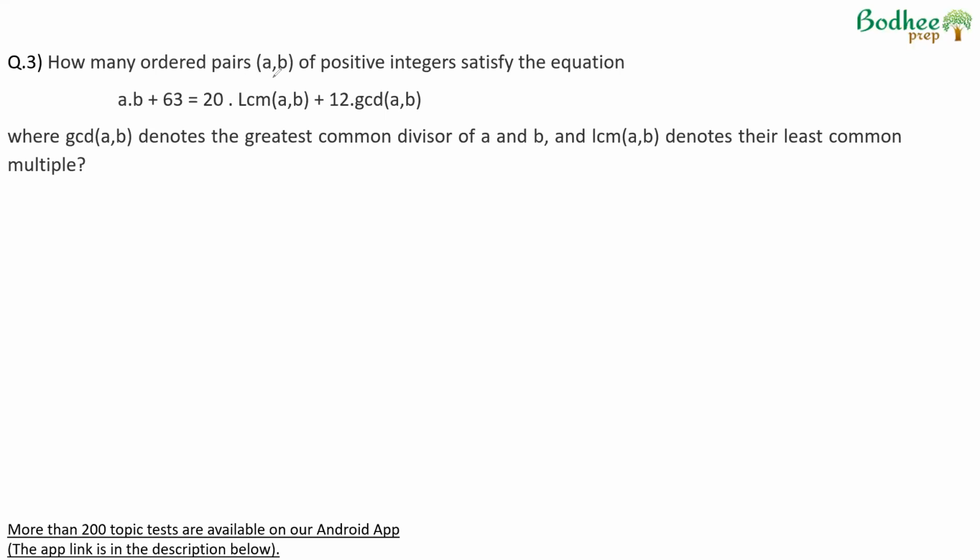How many ordered pairs A, B of positive integers satisfy the equation AB plus 63 equals 20 into LCM of A, B plus 12 into GCD, greatest common divisor, or HCF? GCD denotes the greatest common divisor. LCM denotes the least common multiple. Now, suppose A is a number of the form HX, B is a number of the form HY, where X and Y are co-prime.